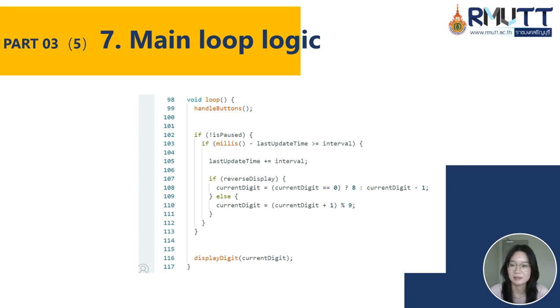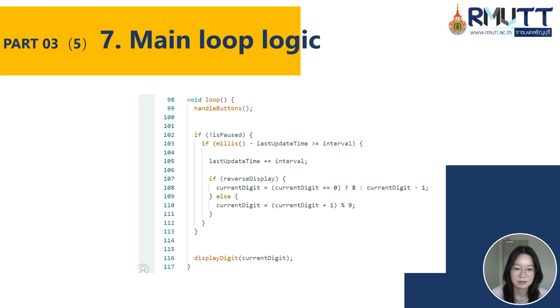This is the seventh part, main loop logic. The main loop logic continuously processes button inputs and updates the displayed number at a set interval.